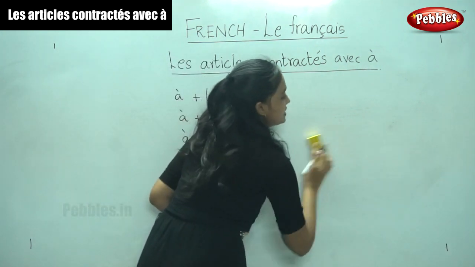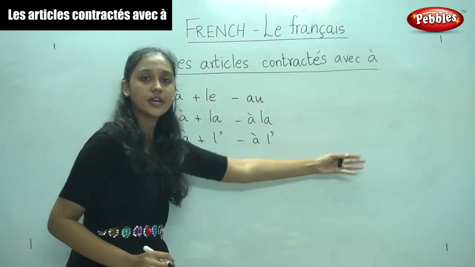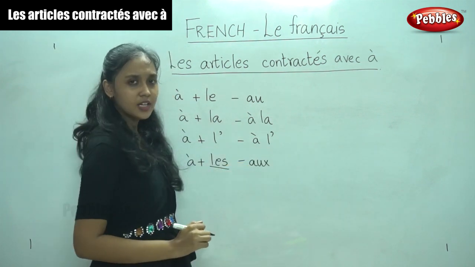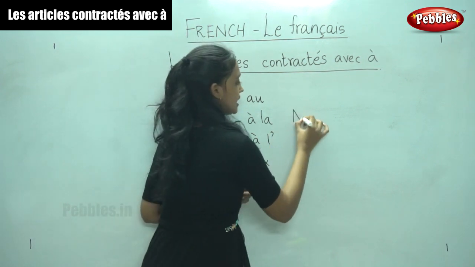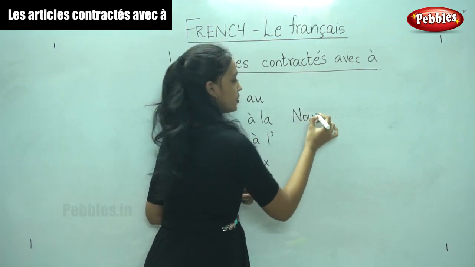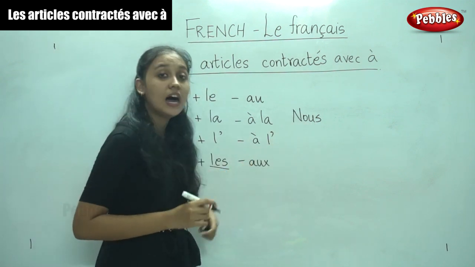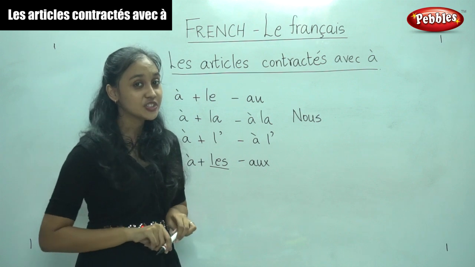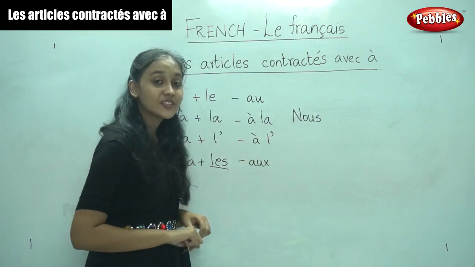So, let us form a simple sentence. How do we say we go to? Let us take the United States. We are in the United States. Do you remember the subject pronoun we? What did we say for we? It is nous. So, nous. Do you remember the être conjugation? Yes, I hope you remember it. And for nous, what is the être conjugation?